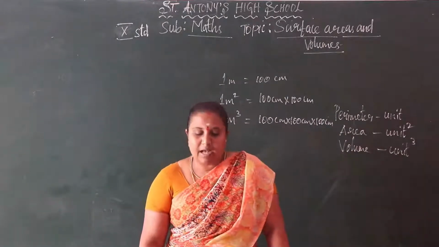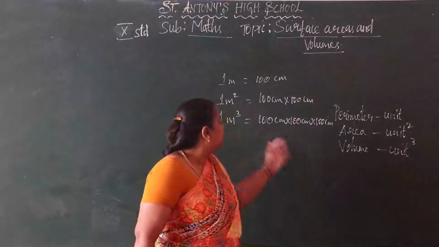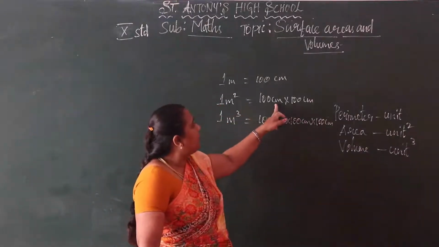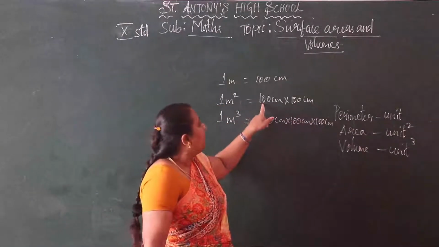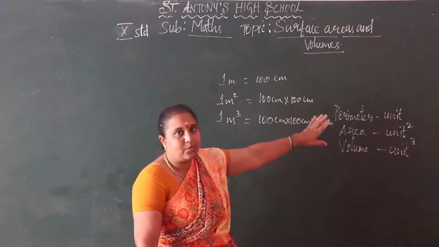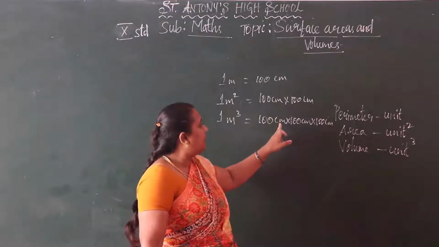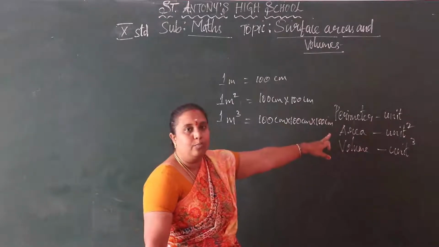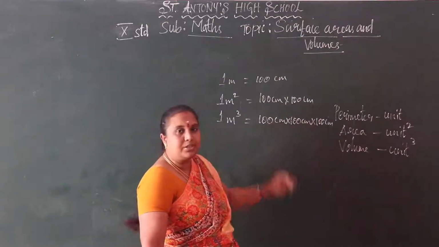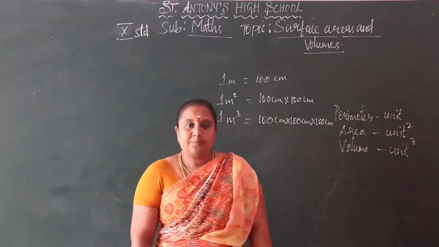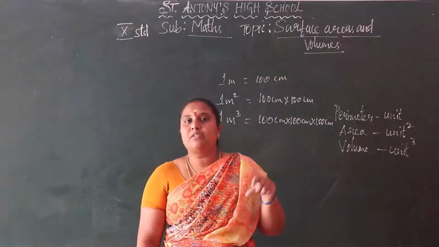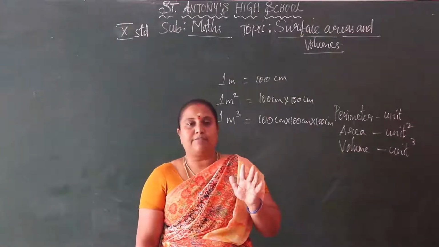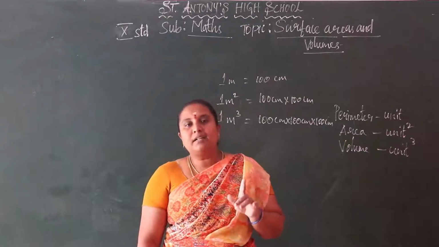So here we have centimeter into centimeter, so 100 into 100 centimeter square. Here we have 100 into 100 into 100 centimeter cube. So we have the conversions like this. I'll send these conversions also as notes through WhatsApp. So revise that.